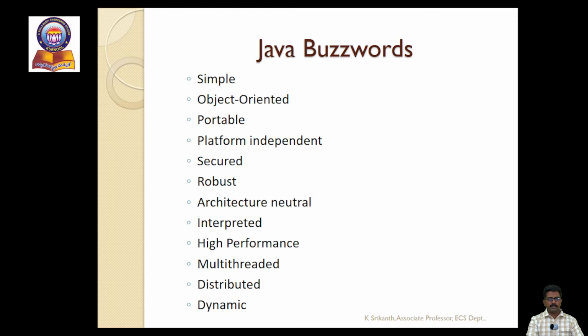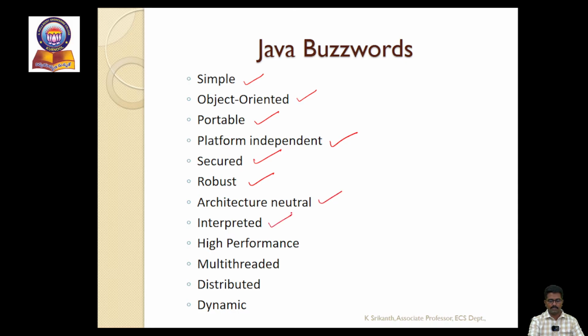In this slide, I just listed out the important features of Java language. The language is simple to learn. The language supports object-oriented features. The language is portable. The language is platform independent. It is secured. The language is robust in nature. The language is architecture neutral.